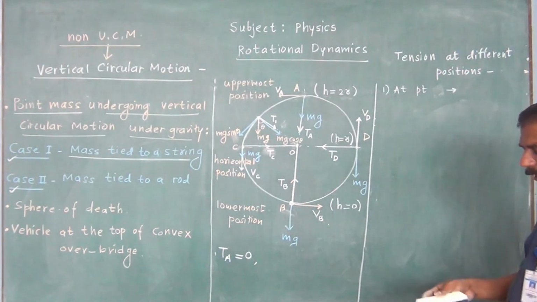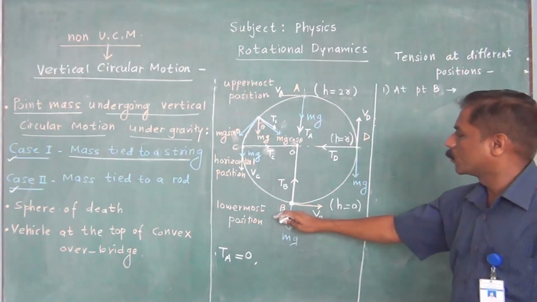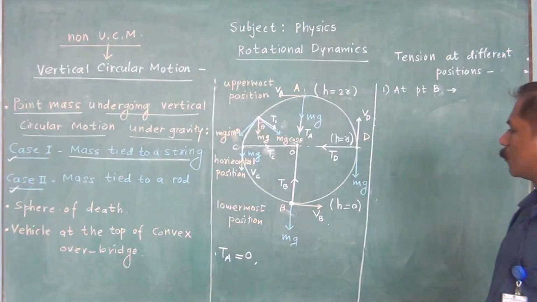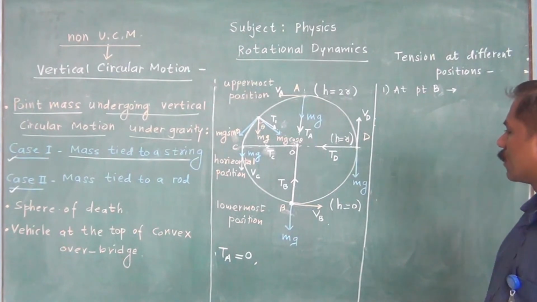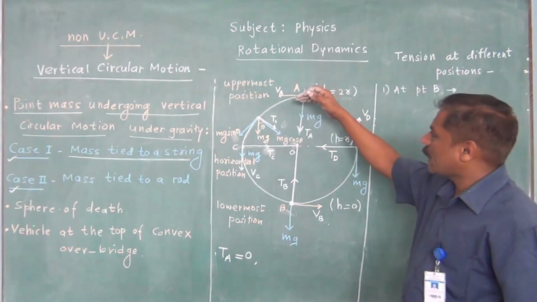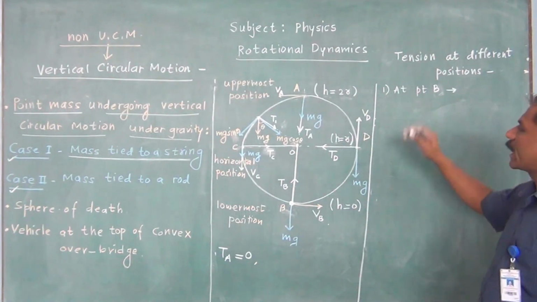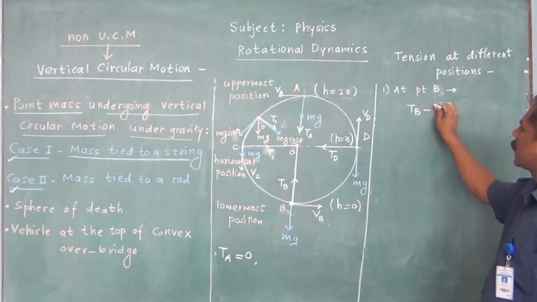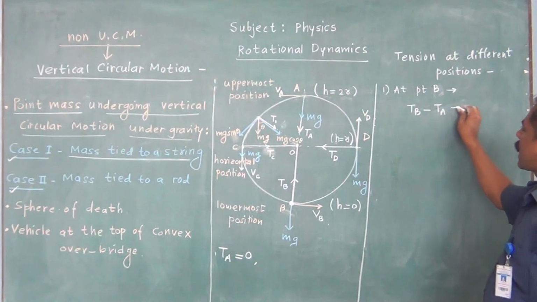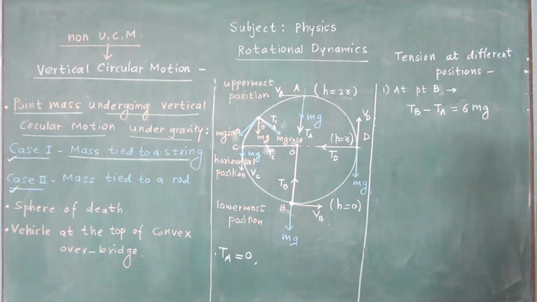So here we can find out the tension at the lowest position, or the lowermost position. If you observe in the diagram, then you will find the expression at A and the expression at B. Here we can show the tension difference, that is tension at B minus tension at A, equal to 6 times mg.